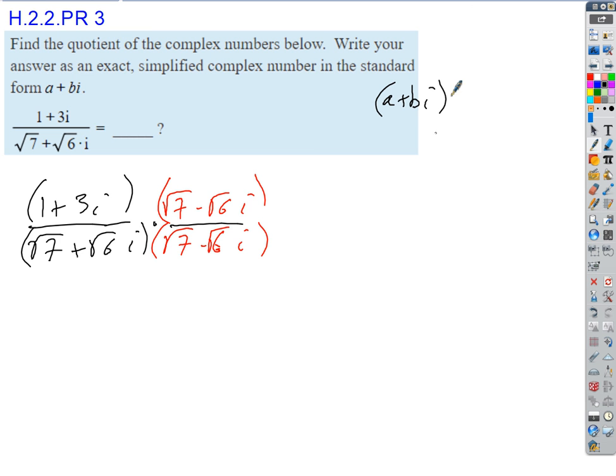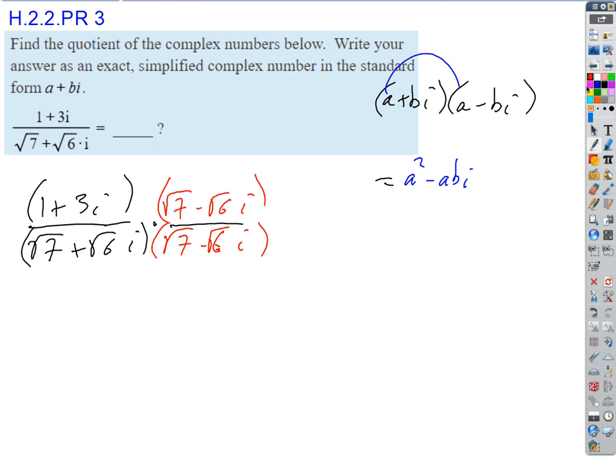If I multiply a plus bi times its complex conjugate, which would be what? A minus bi. What happens? If I distribute the a, I get my a squared minus abi.